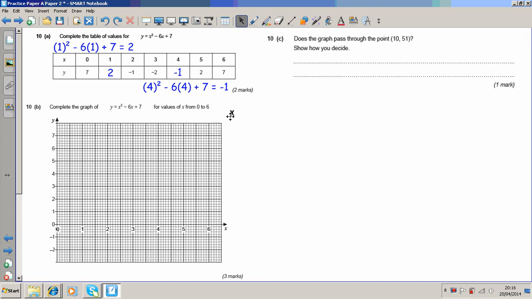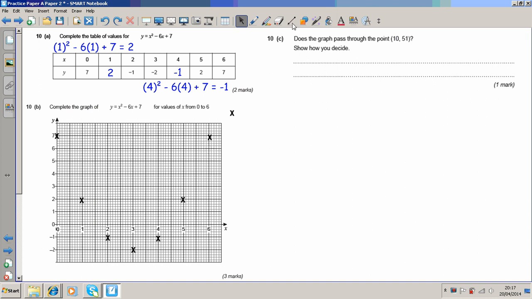So, plotting the points, when x is 0, y is 7, x is 1, y is 2, x is 2, y is minus 1, x is 3, y is minus 2, x is 4, y is minus 1, x is 5, y is 2, and x is 6, y is 7.